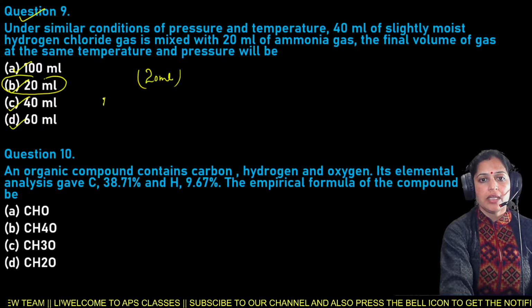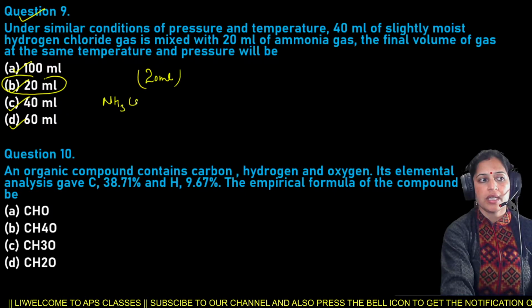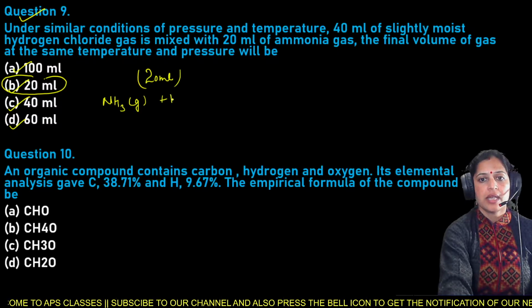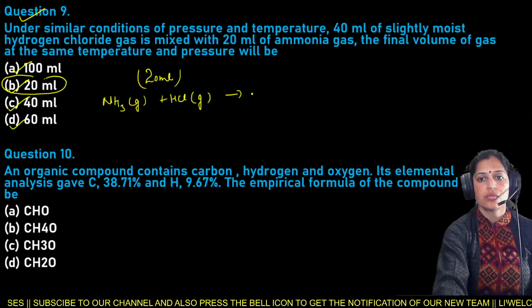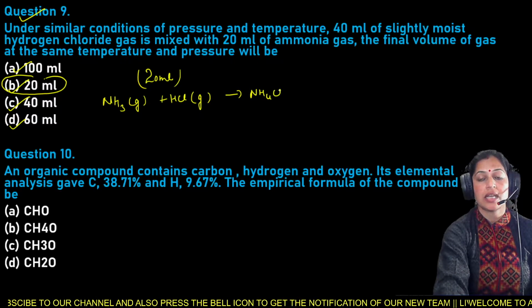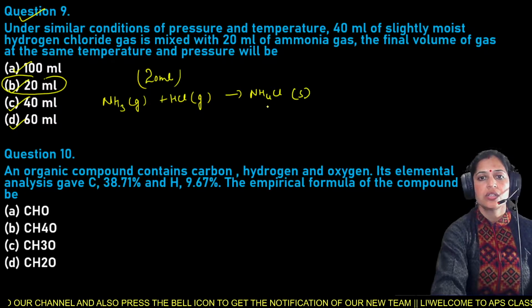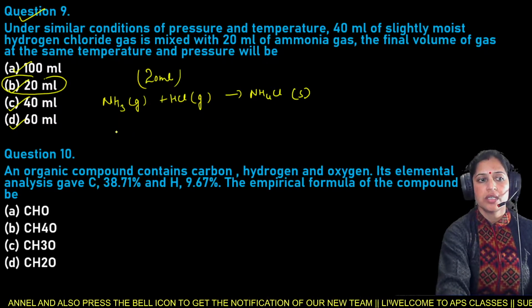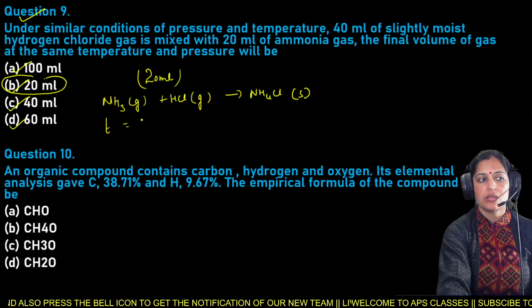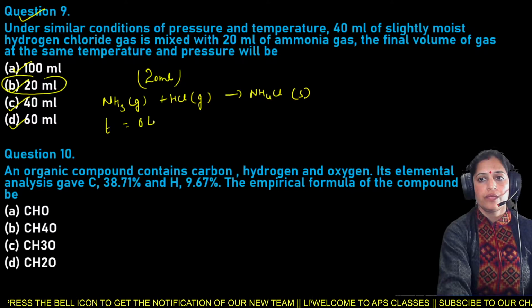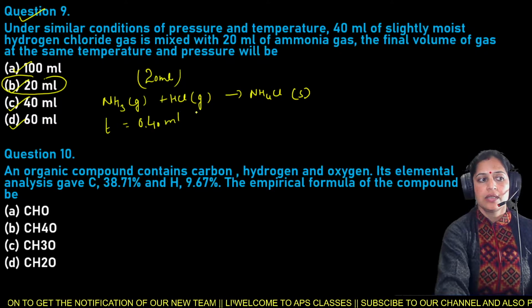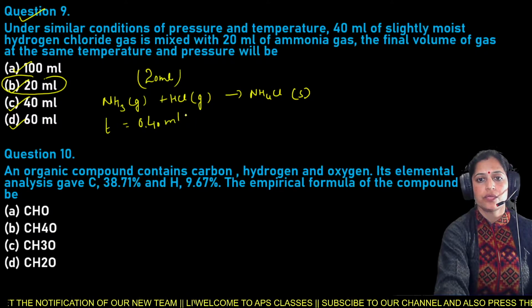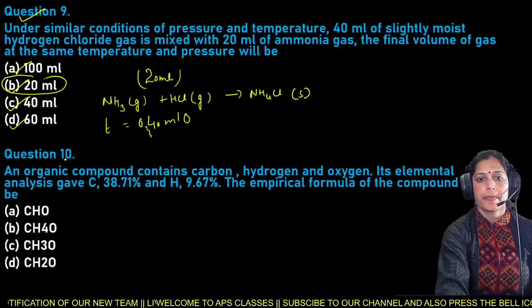So NH3, that is ammonia gas, plus HCl, that is hydrogen chloride gas, give rise to NH4Cl, that is ammonium chloride in solid form. This is the reaction. At time T equal to 0, we have 40 ml and 20 ml.